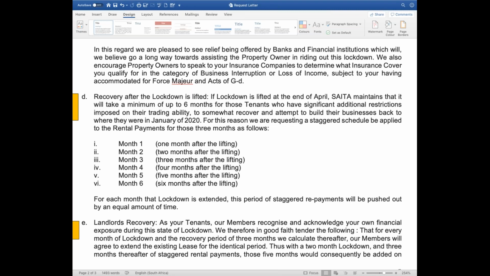Is there a way of structuring this clause in such a way that we're standing together, but we can't apply a specific blanket negotiation on the rental components to each and every tenant, because everyone's trade dynamics and lease agreements are different. But again, it's totally dependent on whether or not you want to negotiate on an individual basis or a collective basis.